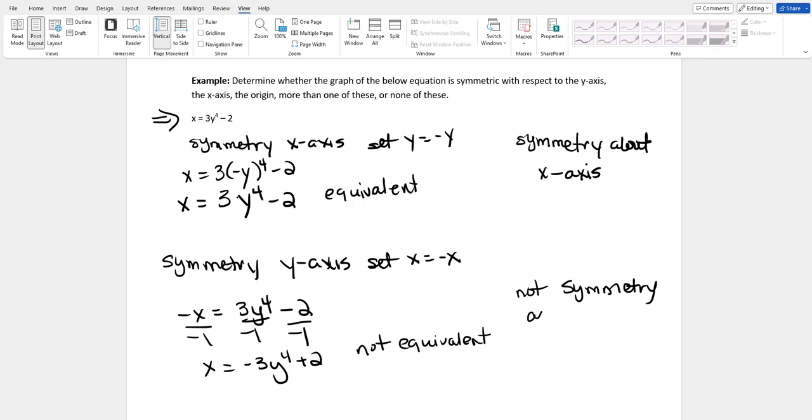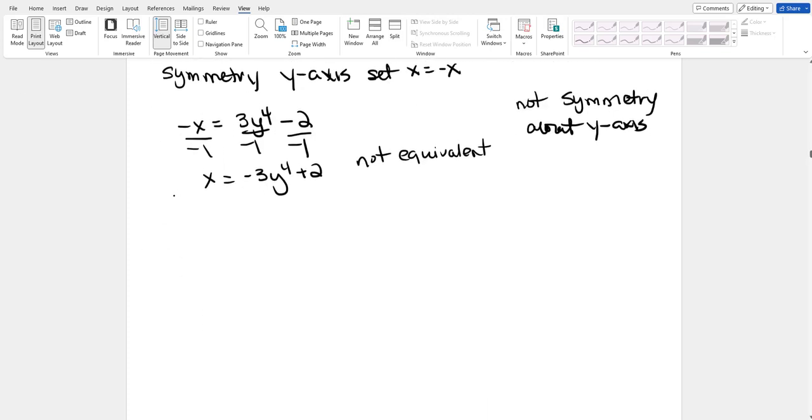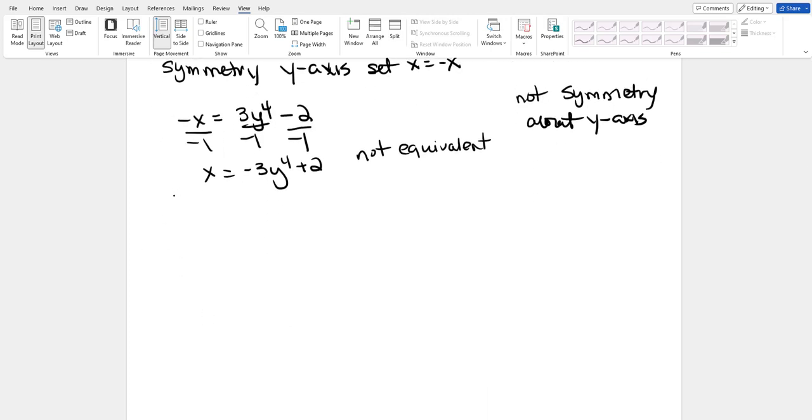I already know that negative y to the fourth is a positive y to the fourth. When I divide everything by negative 1, I get x is equal to negative 3y to the fourth plus 2. This is not equivalent to my original problem. So there's no symmetry about the origin.